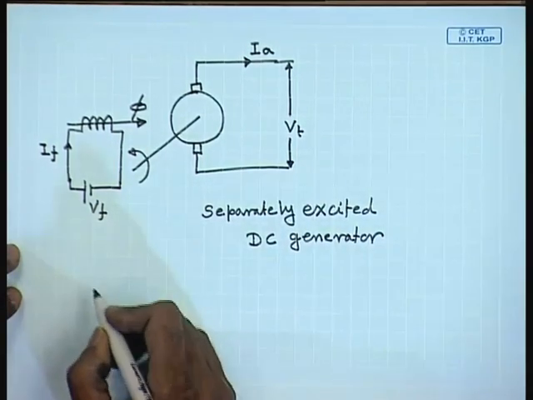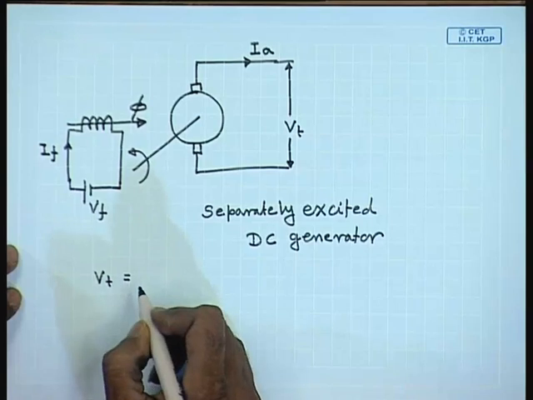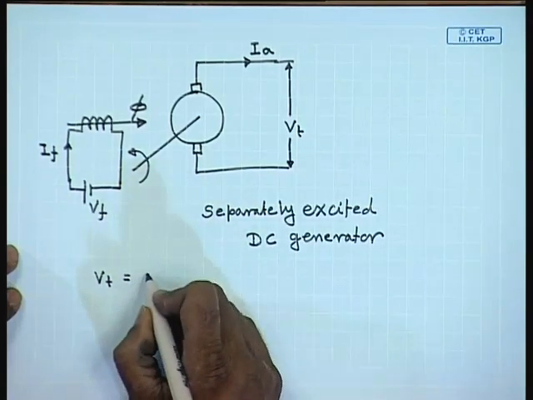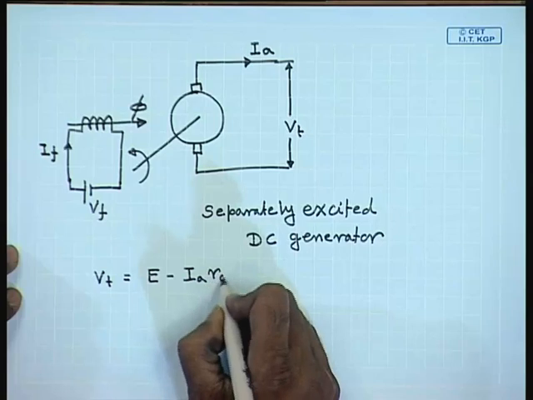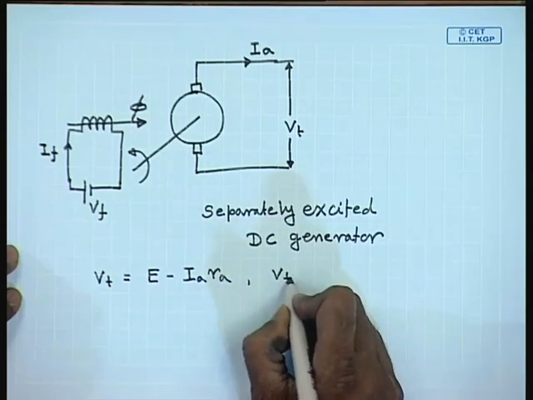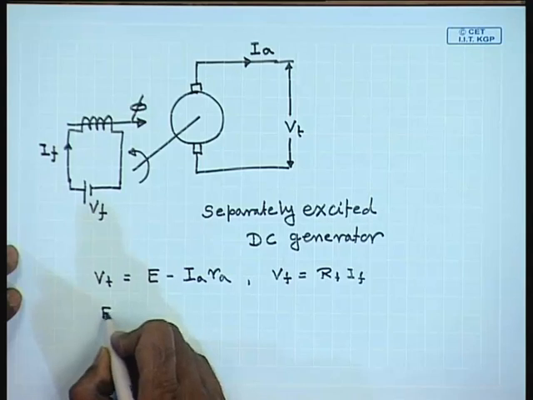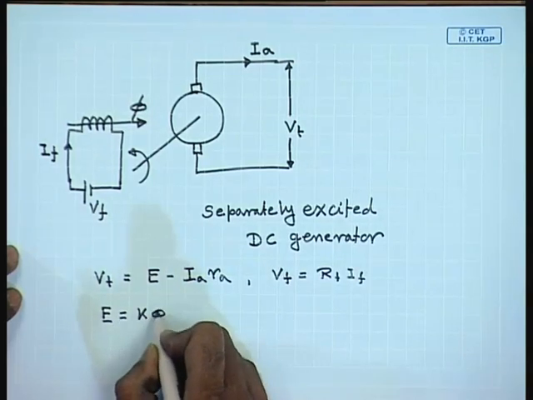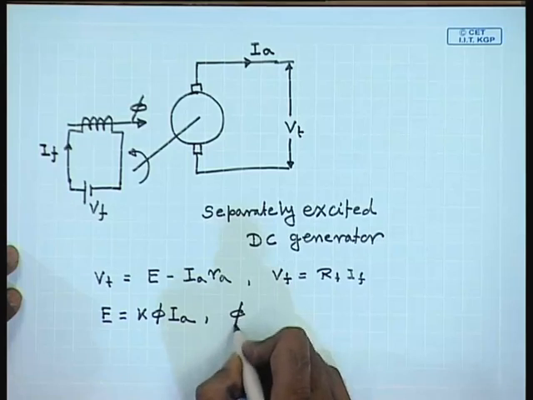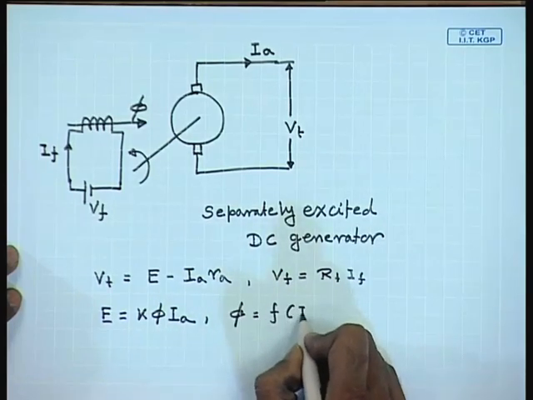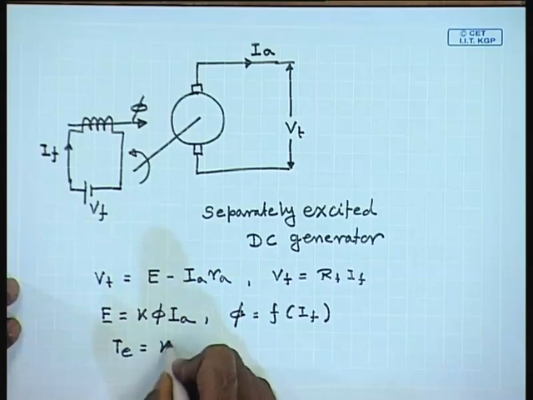For this separately excited DC generator, we can write the terminal voltage Vt equal to induced voltage E minus IA RA, and applied field voltage Vf equal to Rf If, E equal to K phi omega, and phi is some nonlinear function of If. The developed torque TE equals K phi IA.